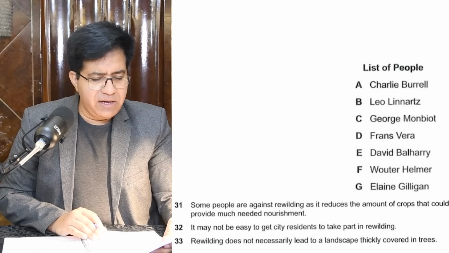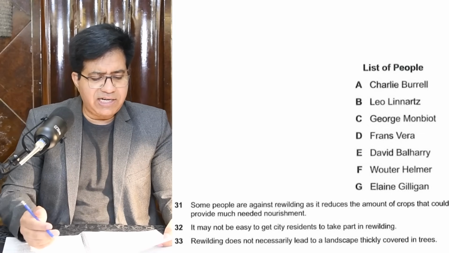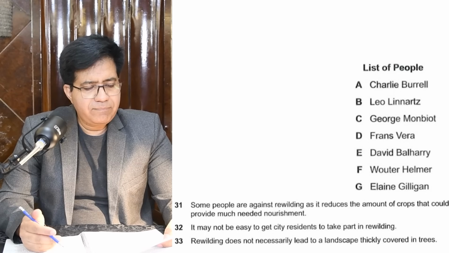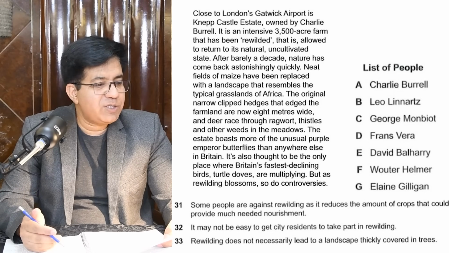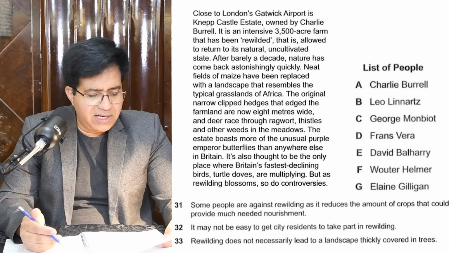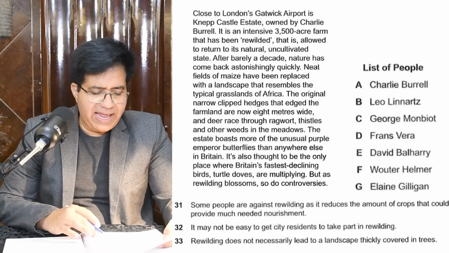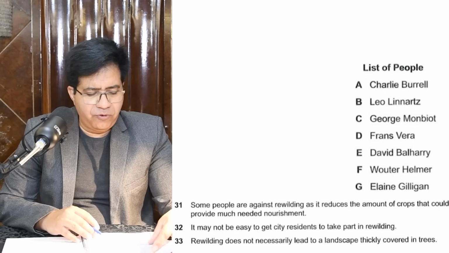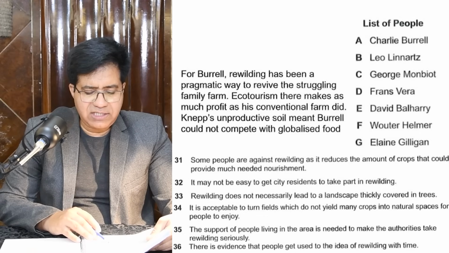Now when you come here, Charlie Burrell, first paragraph, can you see his statement? No. Now, where else do they talk about Burrell? 1, 2, 3, 4, 5th paragraph, same page, for Burrell. Found it?